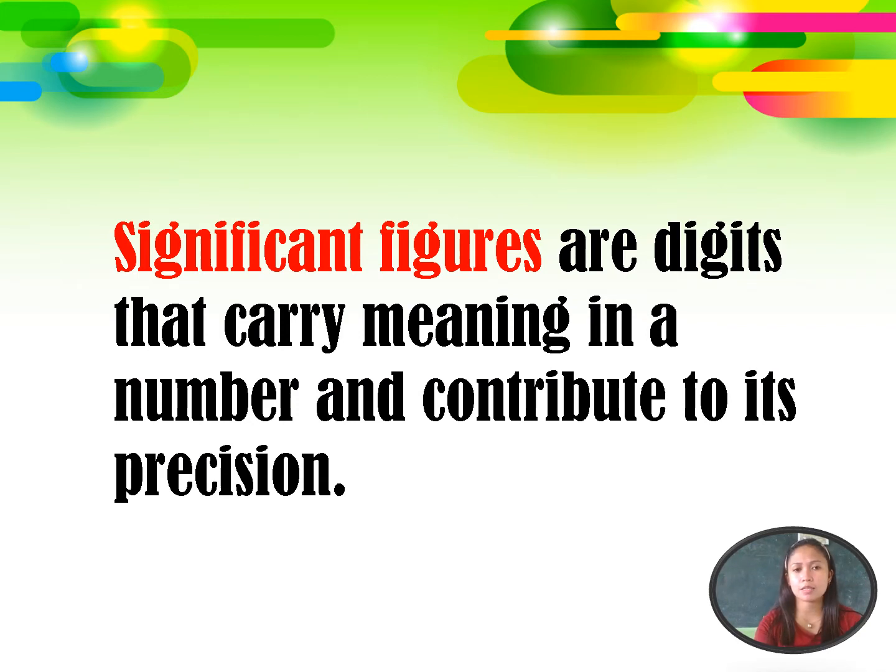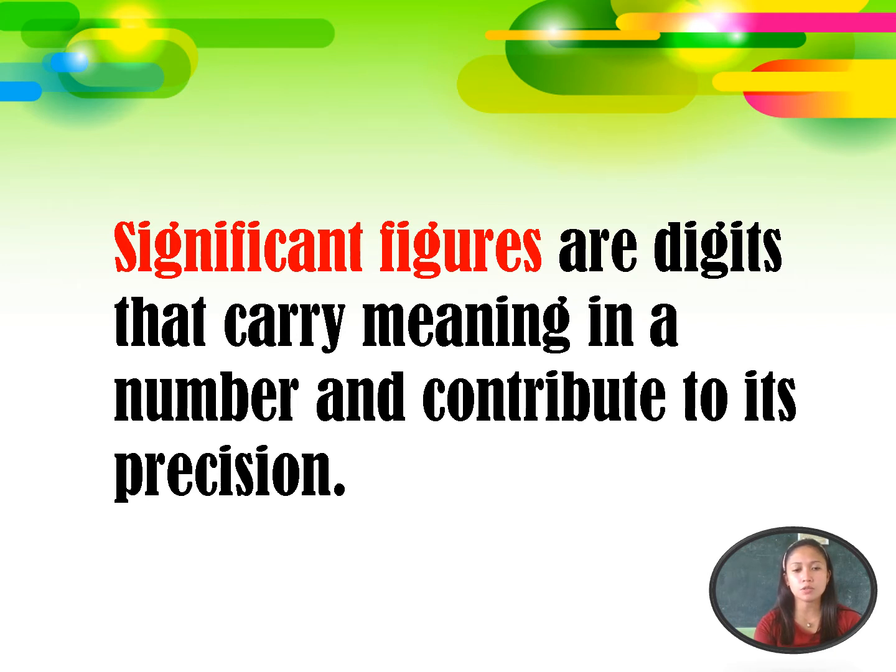Let's begin this lesson with a definition of significant figures. When we talk about significant figures, these are digits that carry meaning in a number and contribute to its precision. Let me emphasize this, class, that identifying significant digits is very important in writing scientific notation.